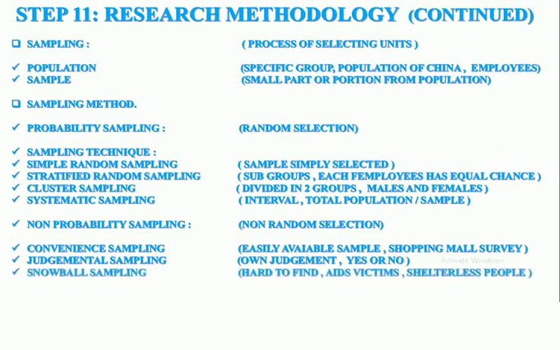Snowball sampling is used when the population is hard to find, such as AIDS victims or any disease victims or shelterless people. Then the last one is quota sampling, which is according to a preset standard. A quota is decided, then from that quota the sample of the study is selected.